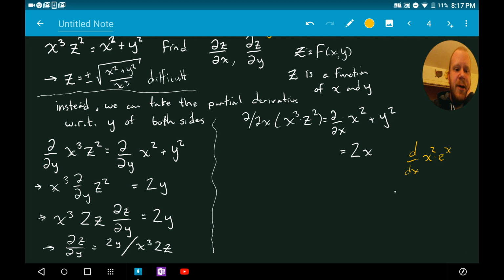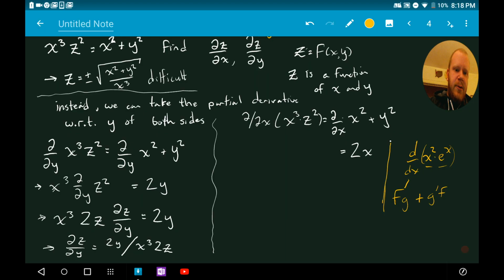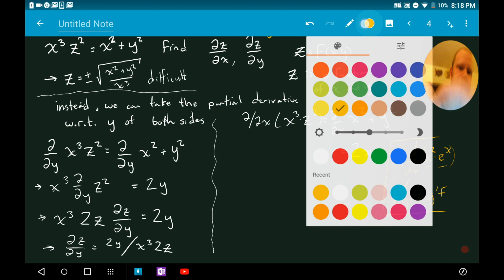So if you want to take the derivative of this piece here, it needs to be this, and these are derivatives with respect to x. F prime times g plus g prime times f. So we do need the product rule there.